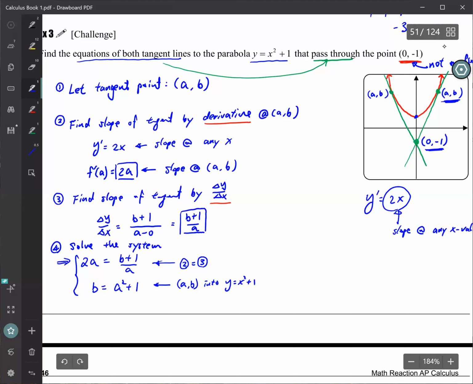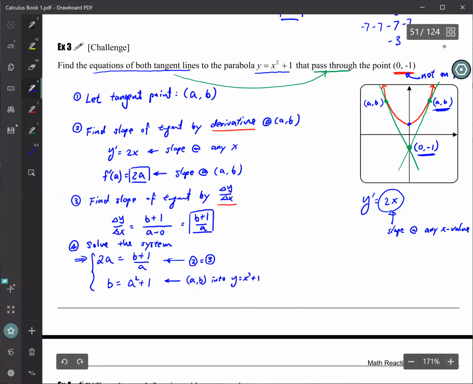Okay, make a note, right? Because for your homework, I'll be giving you one question similar to this. Okay, so I'll let you solve for A and B now. And then once you get the answer for A and B, please raise your hand.